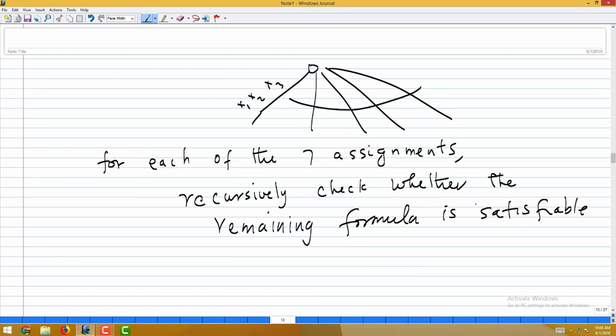So, what would be the recurrence relation for this algorithm? I am solving 7 problems of smaller size. T of n equal to 7 T of n minus 3, plus some polynomial time. Do not bother about it. What does this solve to? We do not have a master theorem to try this, but you can just expand it out and solve it.